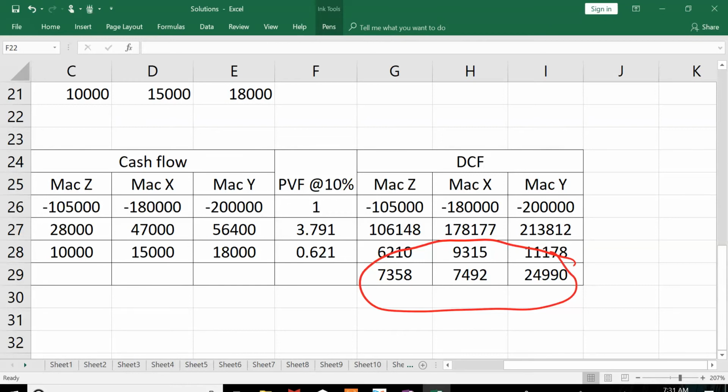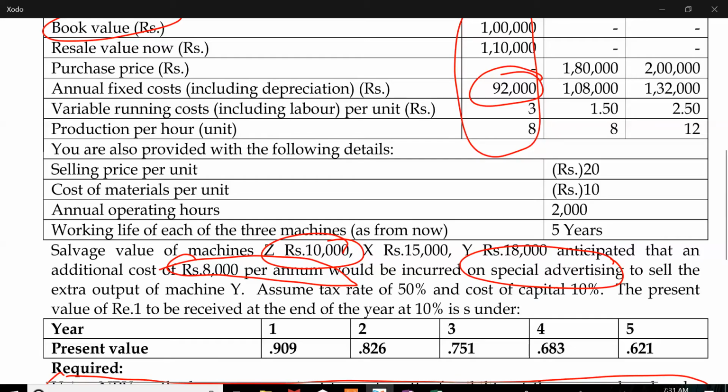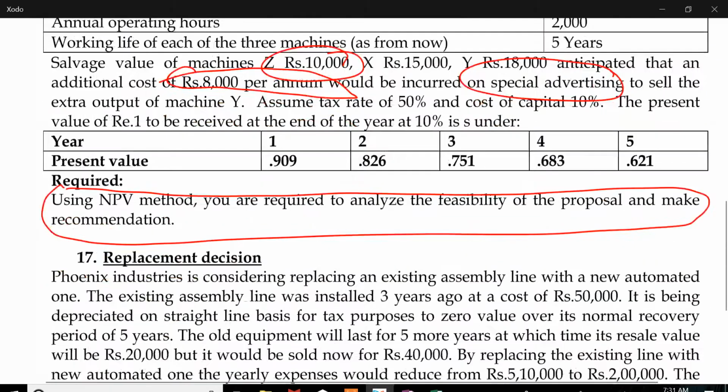This is called the non-incremental method, separate analysis. When it comes to incremental also, nothing material is going to change. You will understand as I do the next problem.